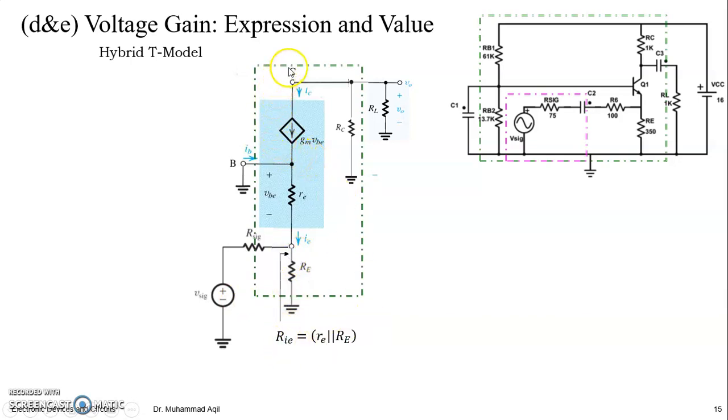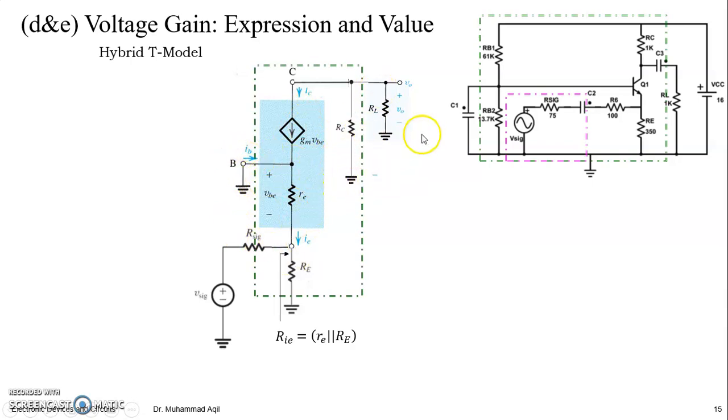Please don't be confused by this. This model is introduced to let you use this part separately and this part separately. This node is just a cartoon to make your job easy, so it is not in the circuit. You have only this part.